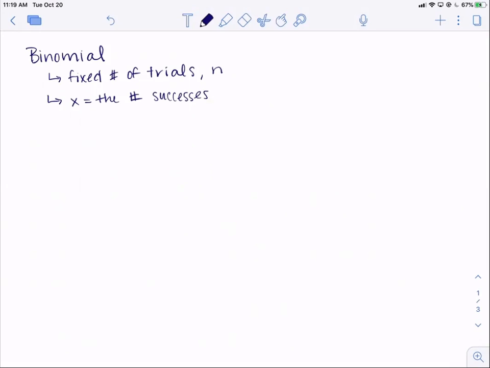There's the probability of success and the probability of failure, independent trials, but those are all the same as geometric. Okay, geometric, we have no n. We have no fixed number of trials. It could be infinitely many trials. But our x value equals the first success.